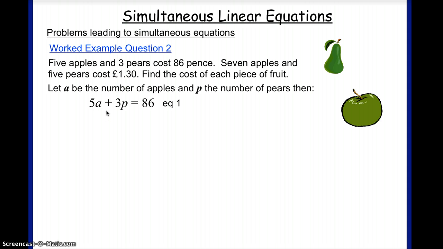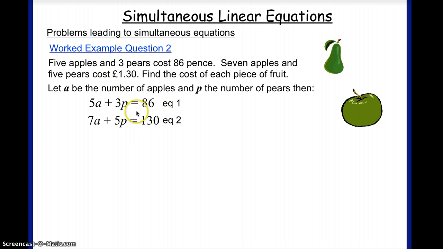So 7 apples is 7A and 5 pears is 5P, and then the £1 and 30 pence is 130. You could also write the decimal point in here. You can do 0.86 or 1.30, but this is easier. Just remember to put back the decimal point later. Remember that you are solving in terms of pence.